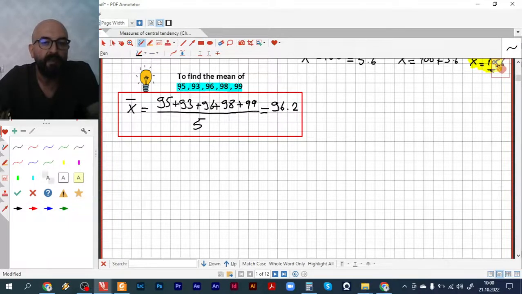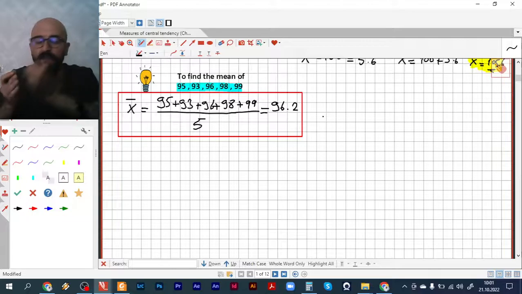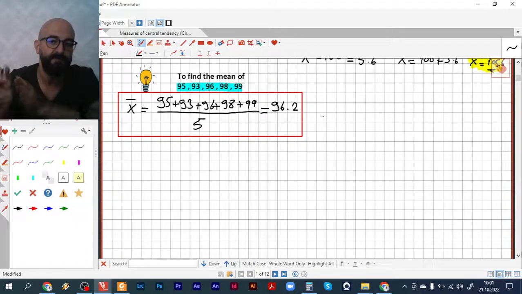We have large numbers, so all numbers are near 100, and I want to use small numbers. I will subtract 100 from all data.